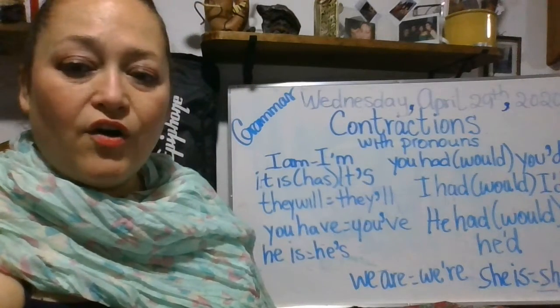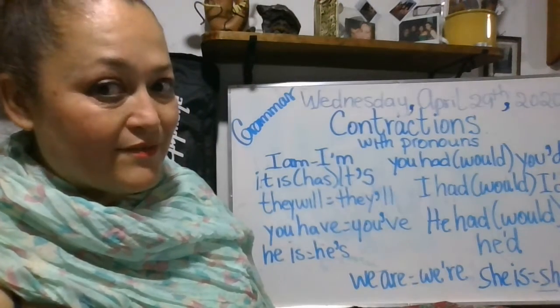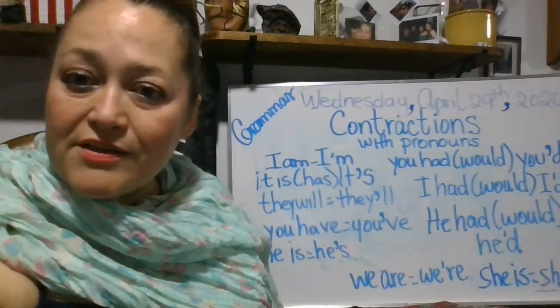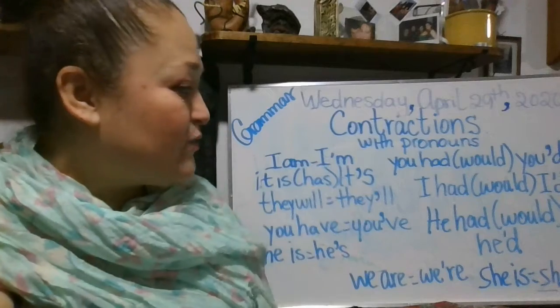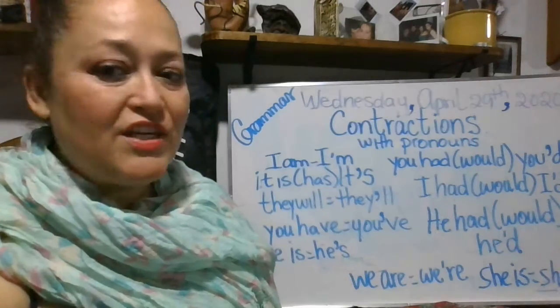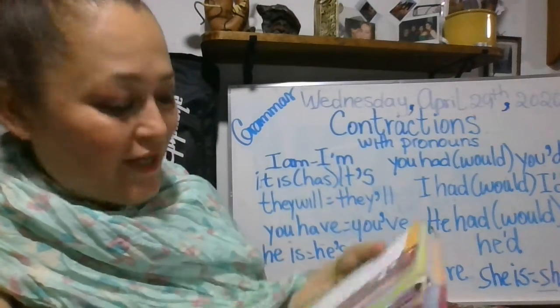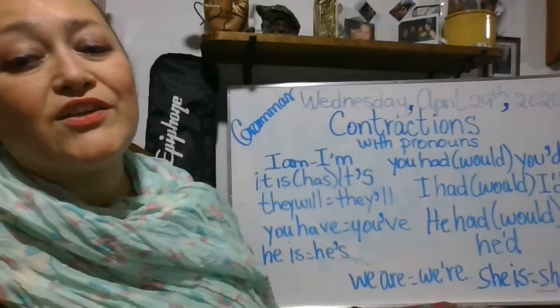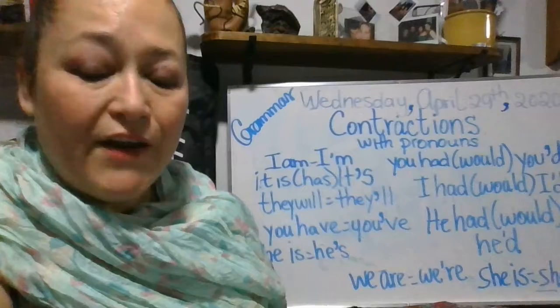We're not, or we aren't. It can be both. We aren't. And the last one, she's not. The only thing you are going to add to your contraction is the not.